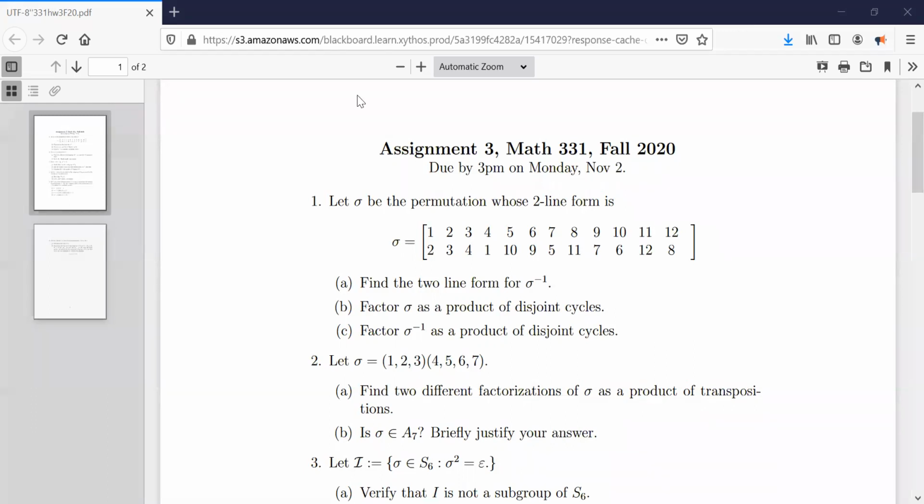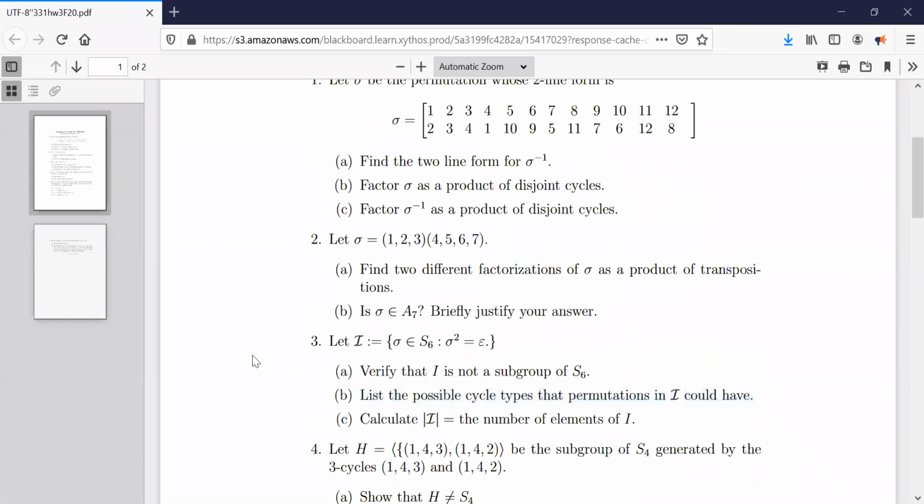You can do 1, 3, 1, 2, 4, 7, 4, 6, 4, 5. Okay, you went with the less obvious way, but that should work. The obvious way is 1, 2, 3, and then 4, 5, 6, 7. Right? Does that make sense? Cool.